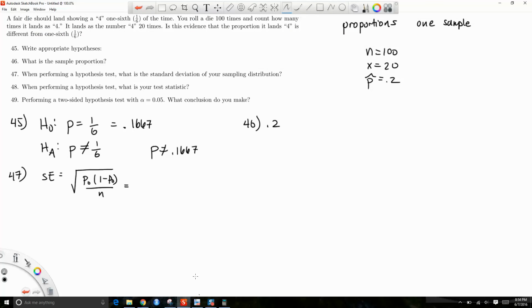So yeah, we're doing a hypothesis test. And then here we're going to do 1/6 times 1 minus 1/6, which is 5/6, right? Divided by n, which is 100. So what does that come out to be? 0.03727.